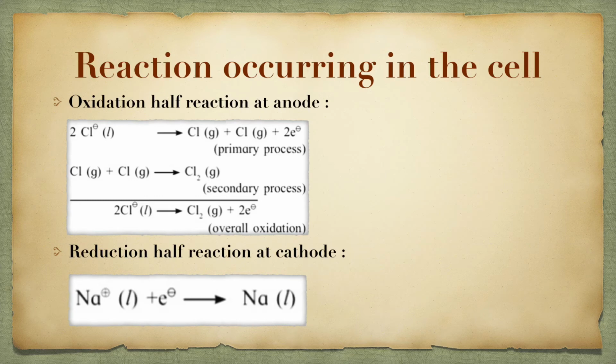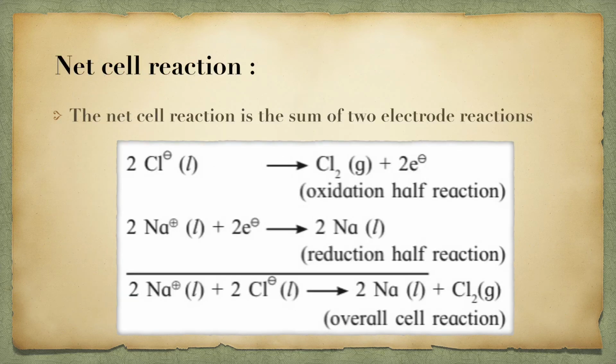Okay, now we will see the net cell reaction, where the electrode reactions, that is at the anode and at the cathode, will be added together. The first reaction you can see over here is the oxidation half reaction. Second is the reduction half reaction. In the reduction half reaction we have multiplied by 2.